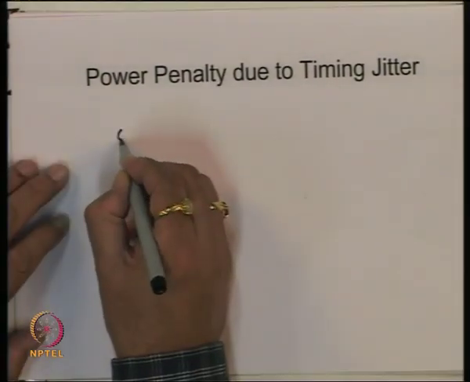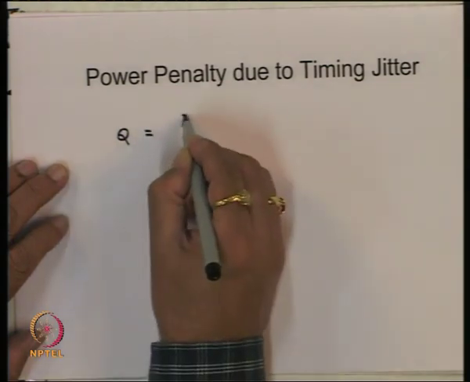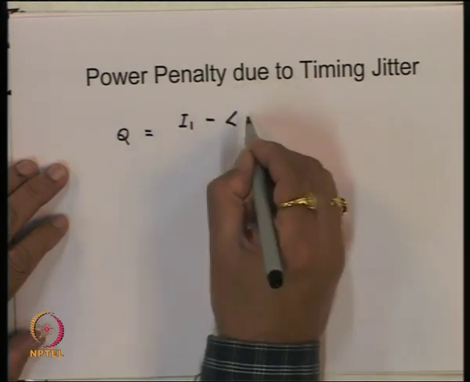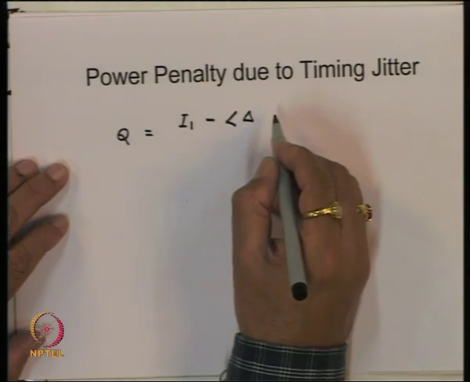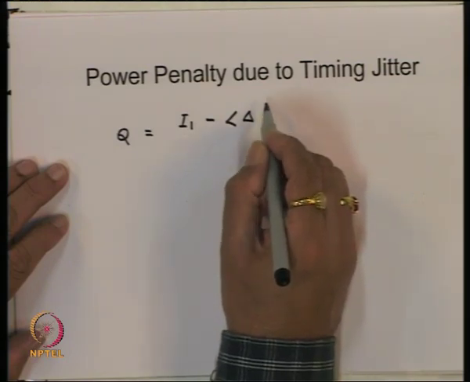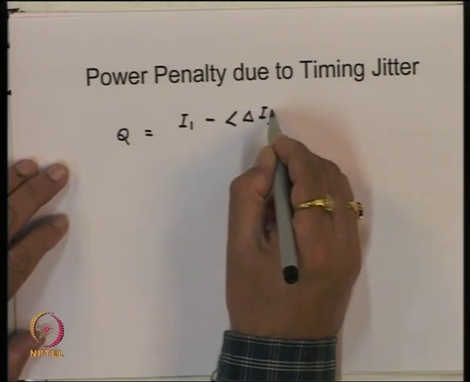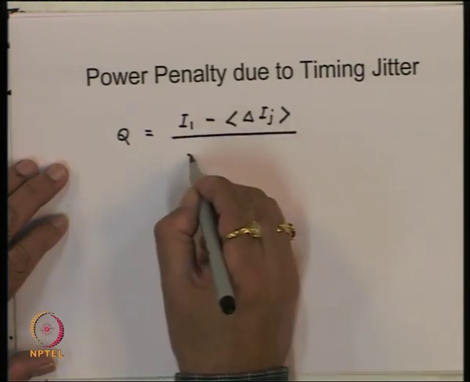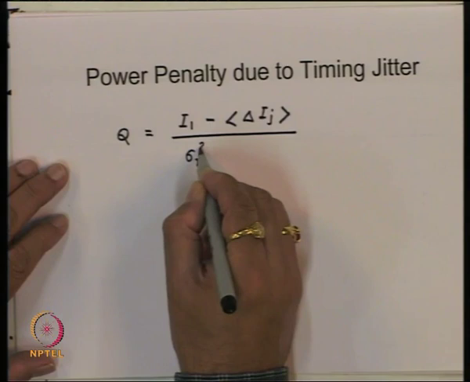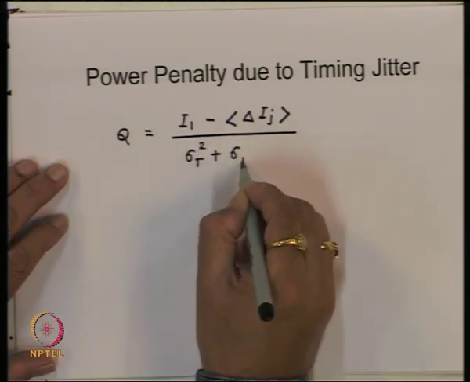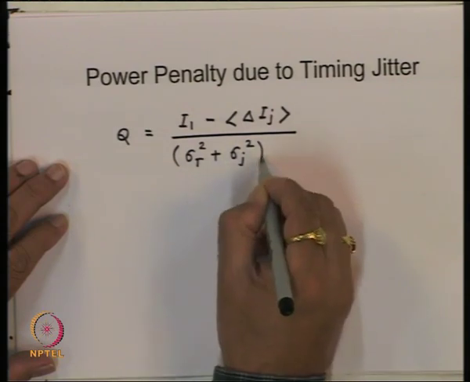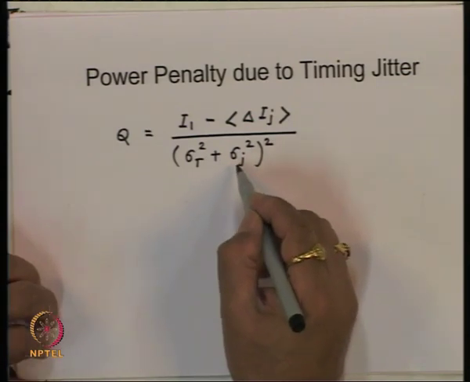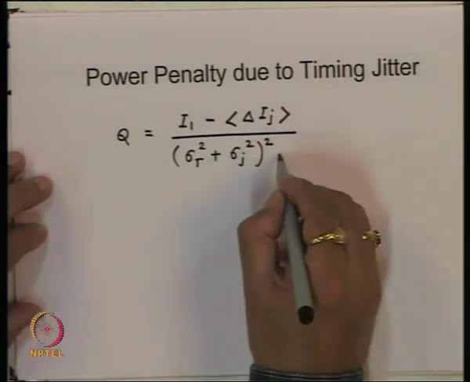We can define this parameter Q, which will be I1 minus delta I due to jitter, divided by sigma t square plus sigma j square to the power 1 by 2, plus sigma t, where sigma j is the noise because of the jitter converted into corresponding relative intensity noise.